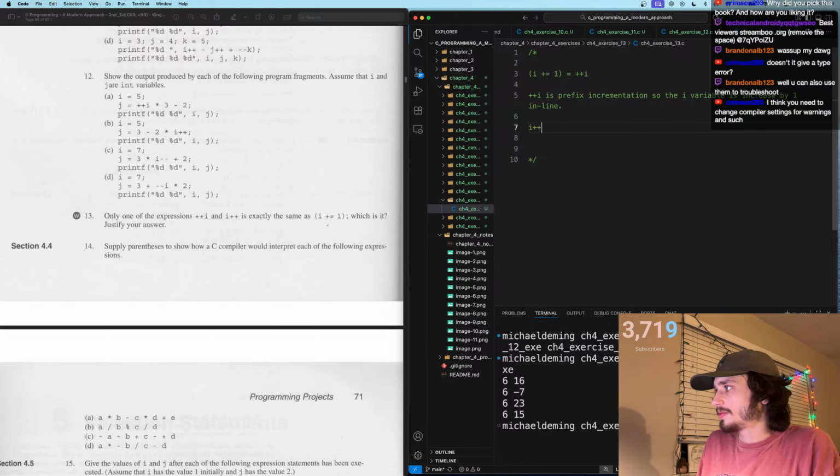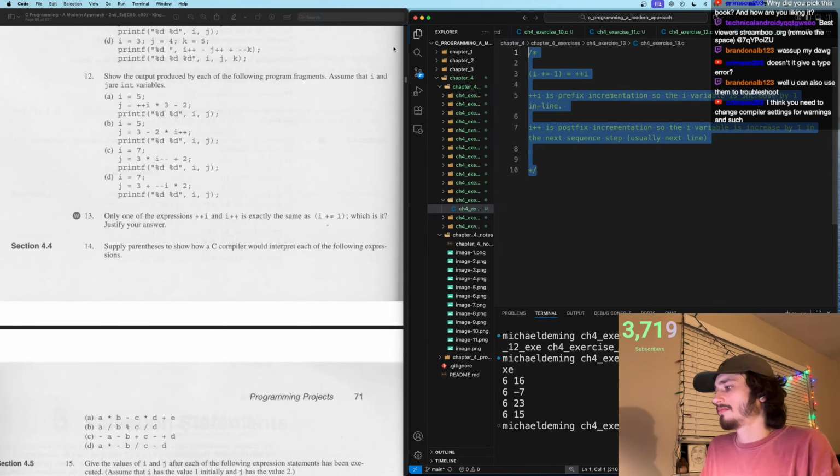I++ is postfix incrementation. So the I variable is increased by 1 in the next sequence step, usually next line, right? Something like that.